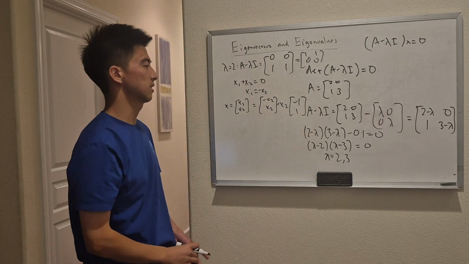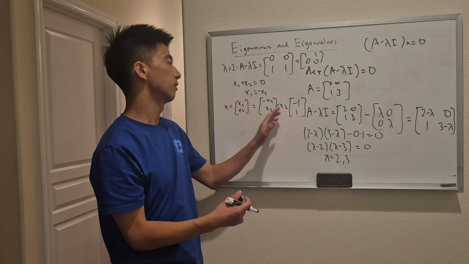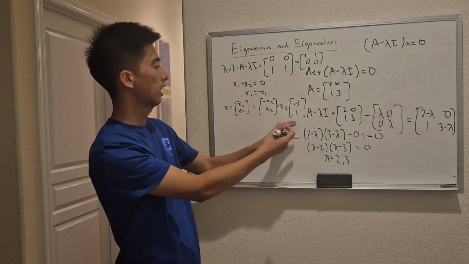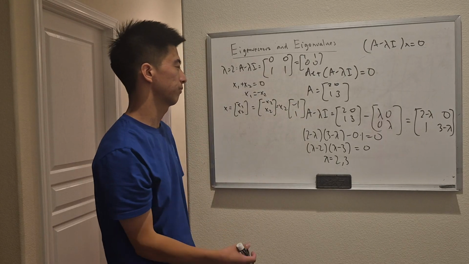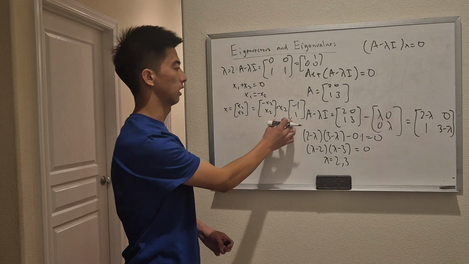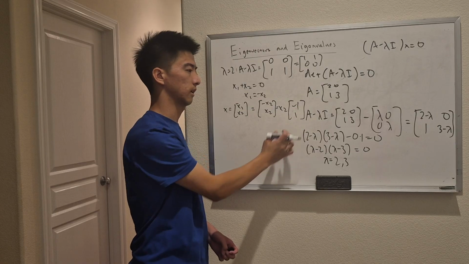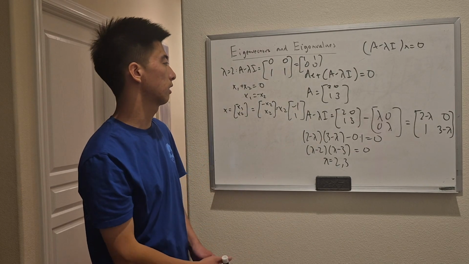And so what this is saying is that x2 is just a free variable. It can be any real number. And that, as a scalar, times this vector negative 1, 1 will give you an eigenvector. In other words, we have an infinite number of eigenvectors, and we can say that this vector negative 1, 1 is a basis for the set of all eigenvectors.